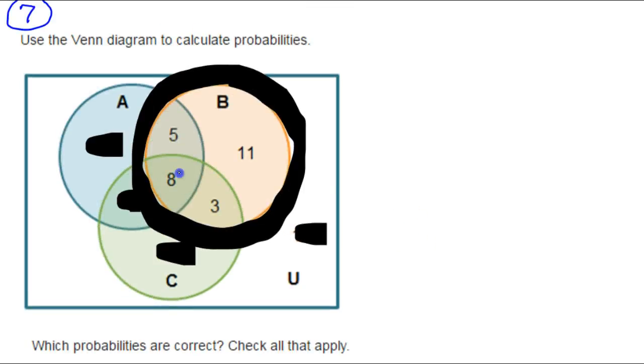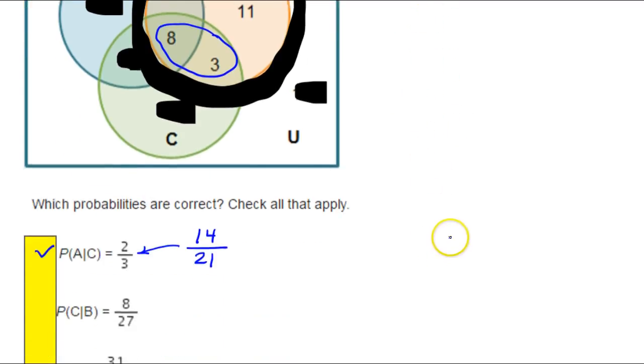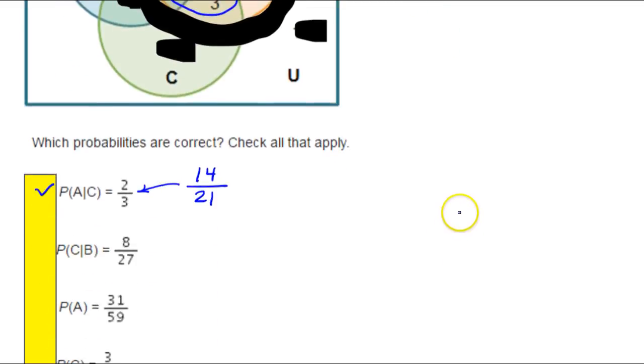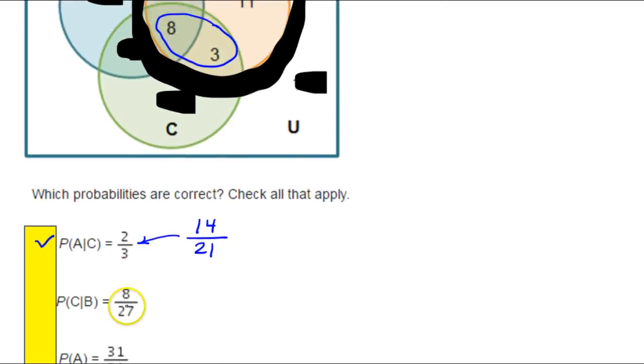So, these are the C's within this smaller universe. There's 11 of those. So we're doing target over total, 11 C's out of a total. I'm just going to add all these up. That's 27. So that's 11 out of 27. And yeah, that doesn't reduce. And here this says 8 out of 27. So that's wrong.